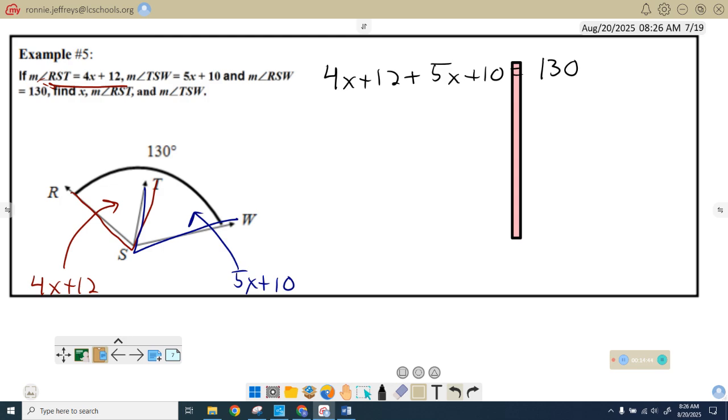I want y'all to have those with you all the time. I want you to use it. When we start making our orange sheets to use on this test, I want you to write that down. Okay? Because it's a tool for you to do better. All right, so we're going to combine like terms.